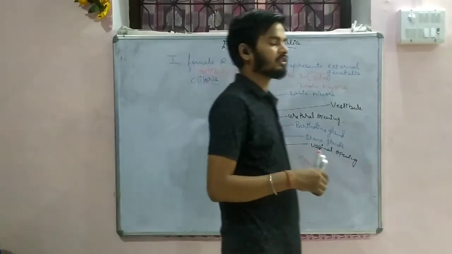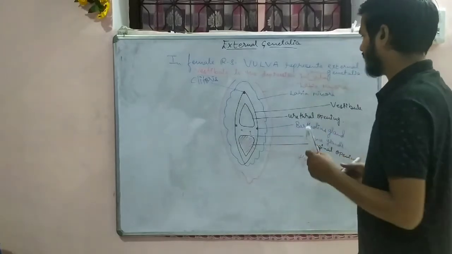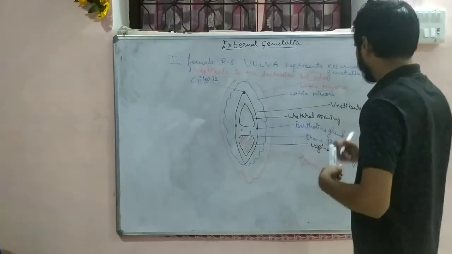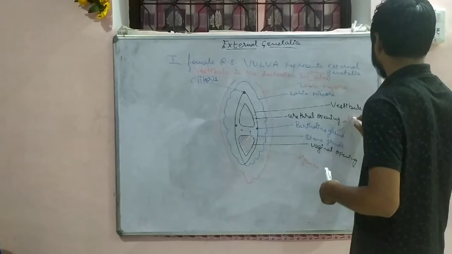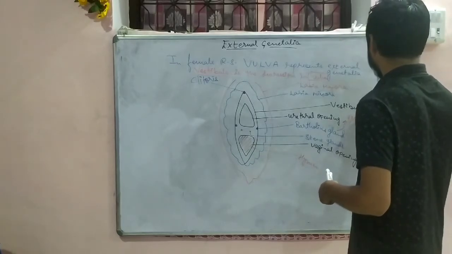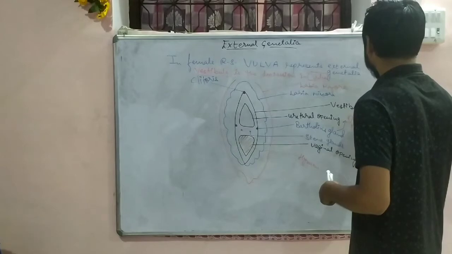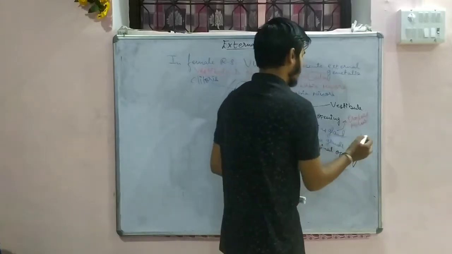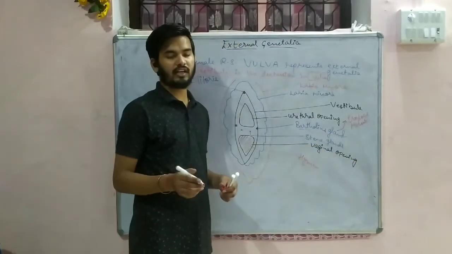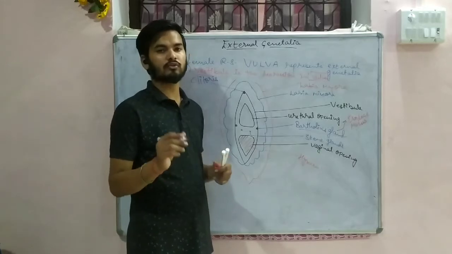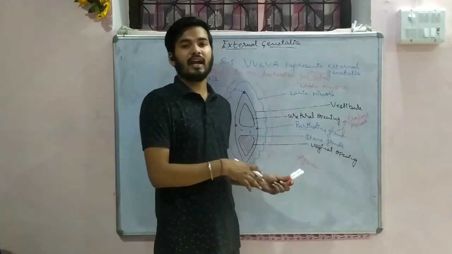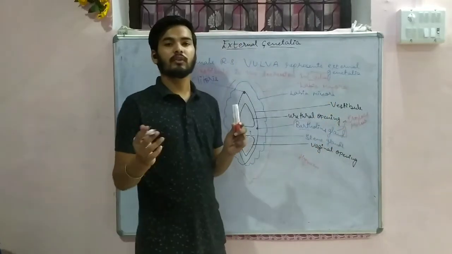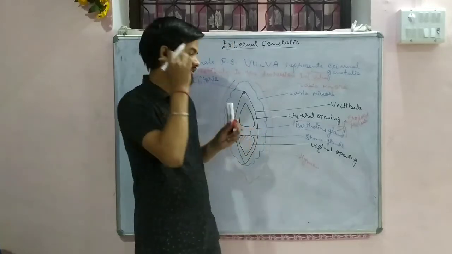What is the function of the Bartholin glands? As we saw, the function of Cowper's gland is to produce mucus. These Bartholin glands also produce mucus. So here we can write that Bartholin glands are homologous to the Cowper's glands in the male reproductive system.